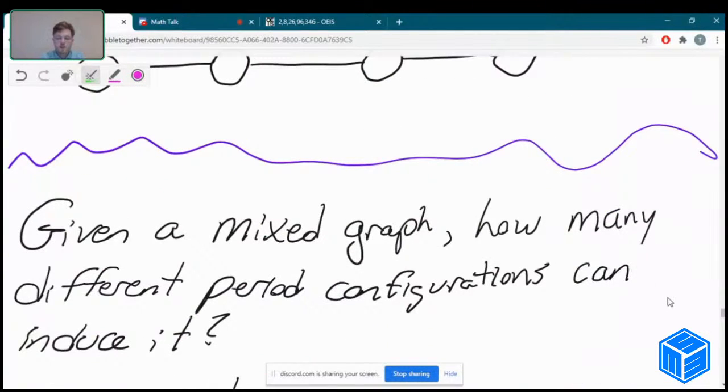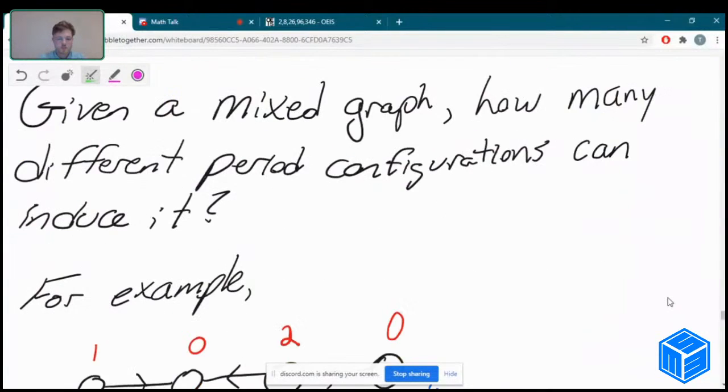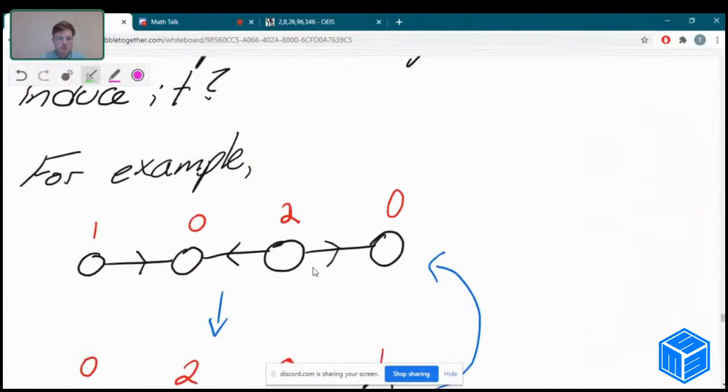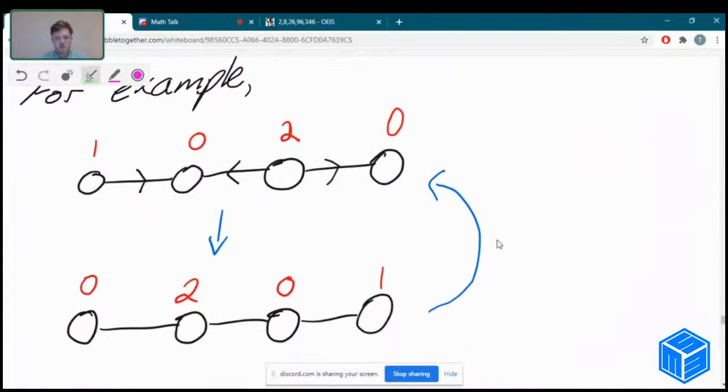So I had to ask the question, given a mixed graph, how many different period configurations can induce it? For example, if I was given the orientation or the mixed graph right edge, left edge, right edge, well, that is satisfied by assigning 1, 0, 2, and 0. And that is actually inside the period.